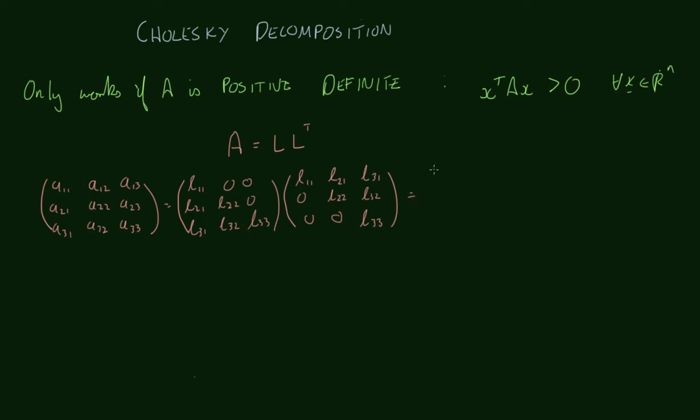If I multiply these two together, on the first row I'll get L11 squared, L11 L21, and L11 L31.